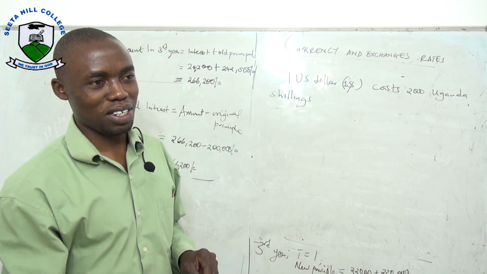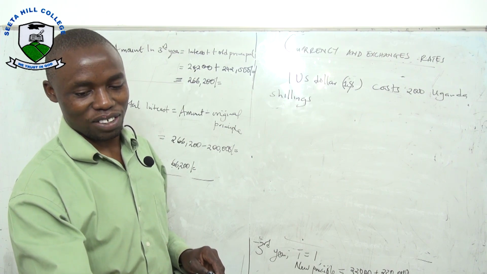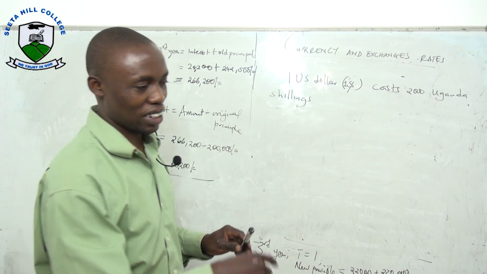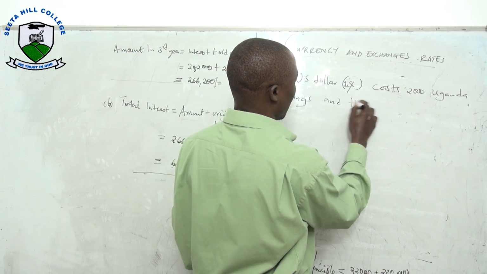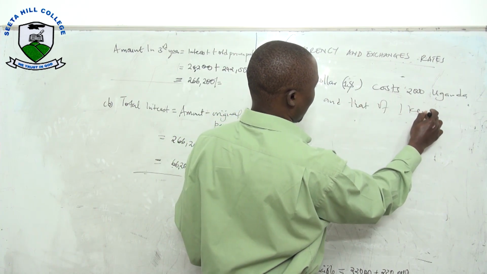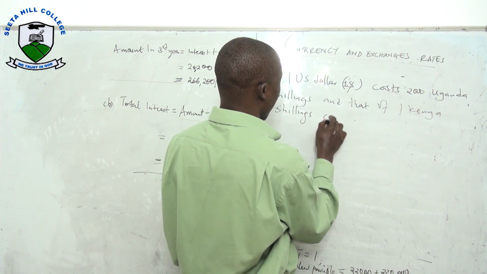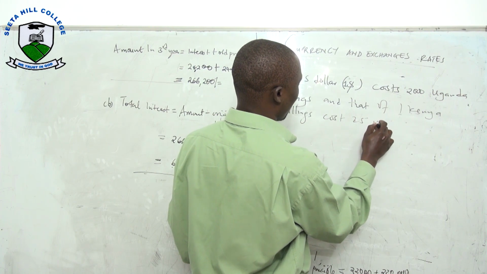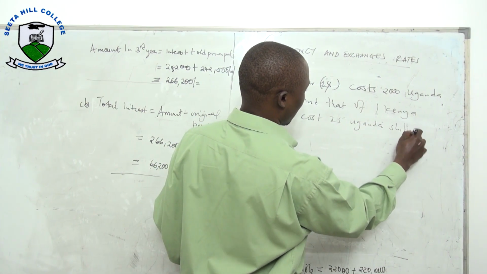And that 1 Kenya shilling costs 25 Uganda shillings.